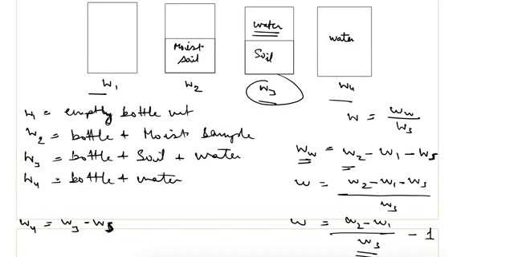What we are doing here is, in this reading W3, if I remove the soil part, this much part of water will remain. And if I replace this part with water, I'm removing the soil and replacing it with water. So whatever the volume we are getting for the soil, that volume should be filled with water.